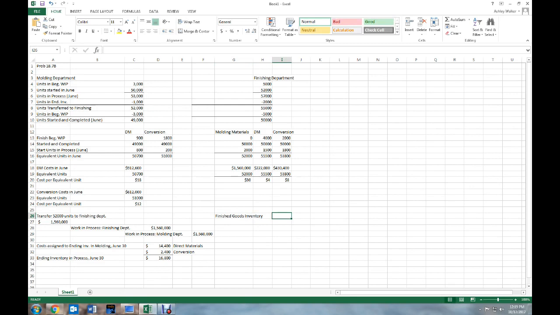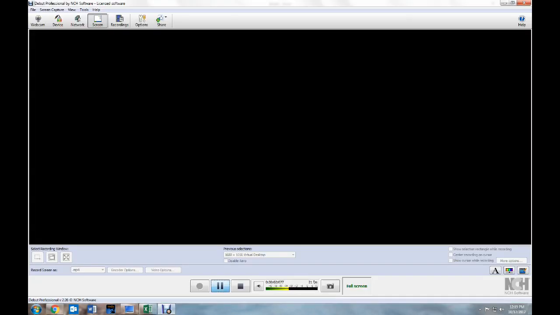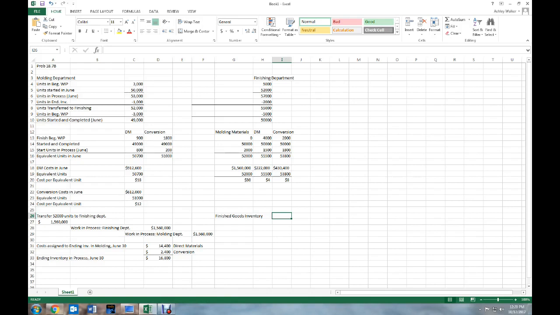How much are they getting? 2,310,000. How do we arrive at that? Finished goods inventory. How many do we transfer in? I just forgot. Transfer to finishing, 55,000.